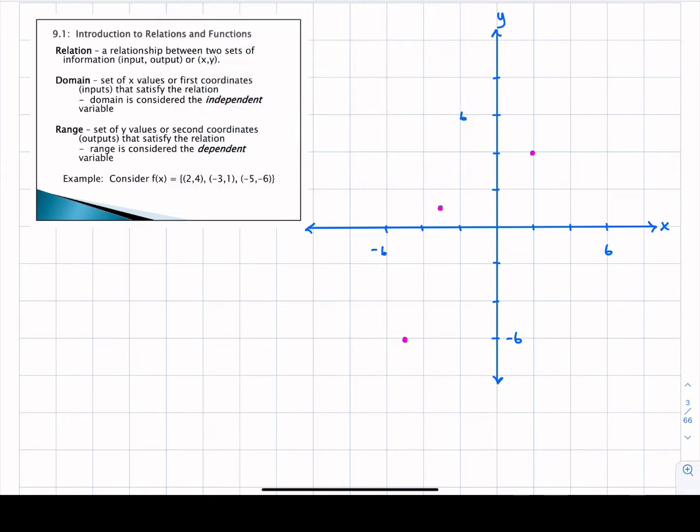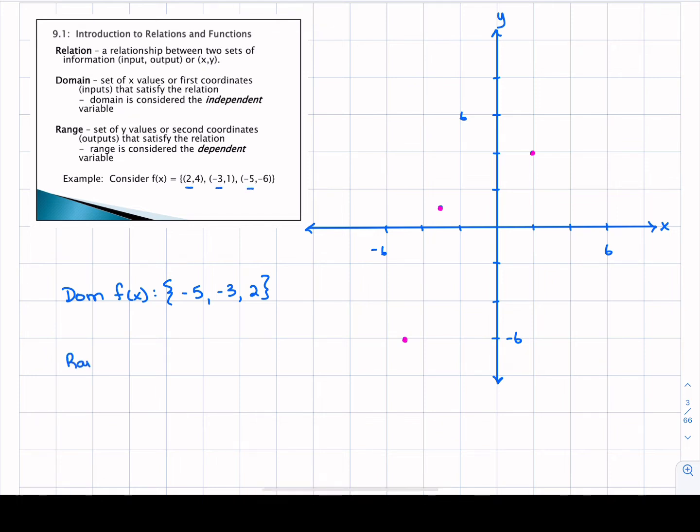If we were to talk about the domain of f of x, I'm going to use set notation, and it's going to include the 3 x values that are contained in that function. So we have -5, we have -3, and we have +2. So basically, we are listing all of the x values in your function.